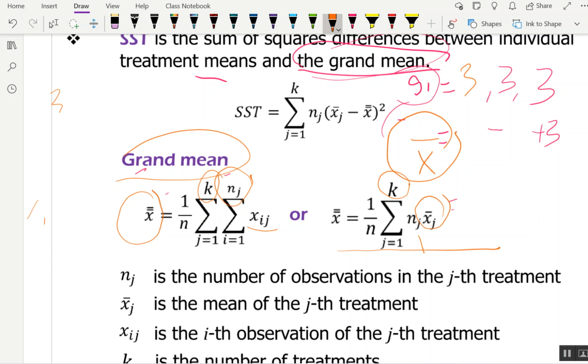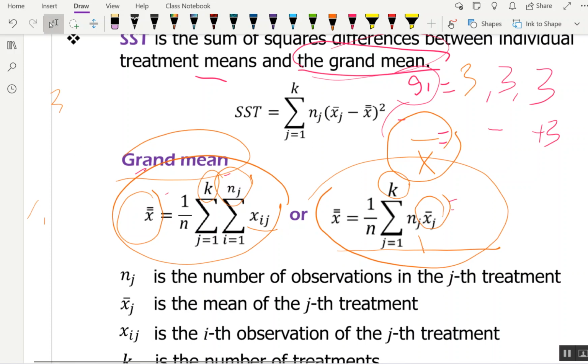So basically it is just the same. What I'm trying to tell is that for the grand mean, you take every group mean and find another mean for the whole set of sample means. So this is what it means here. Alright, maybe we can look at examples of calculating this later on.